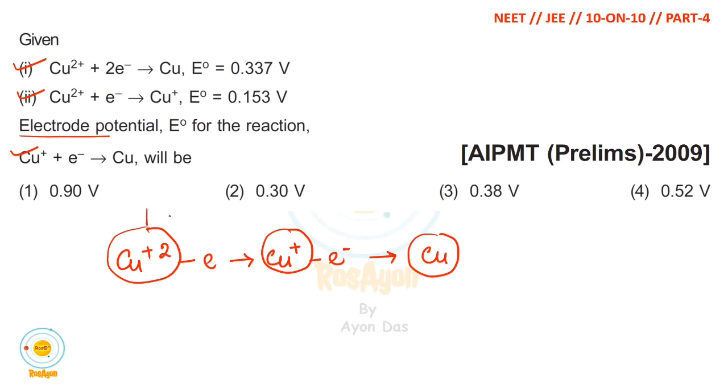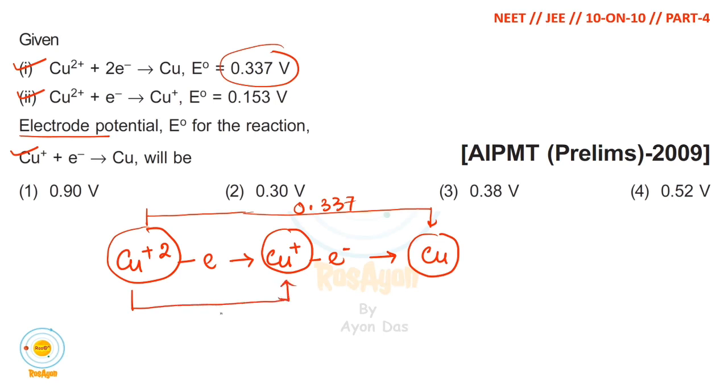Here the electrode potential during the change from copper plus 2 to copper is given as 0.337 volt. Now the electrode potential during the change from copper plus 2 to copper plus is given as 0.153 volt.